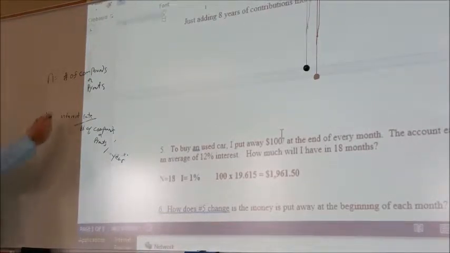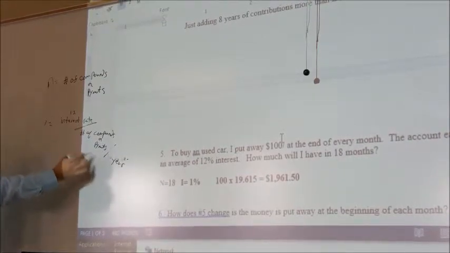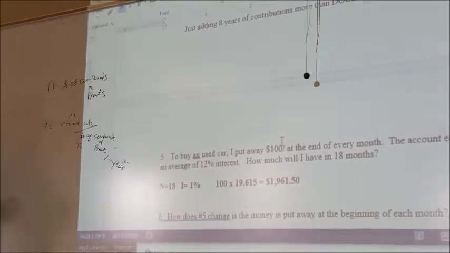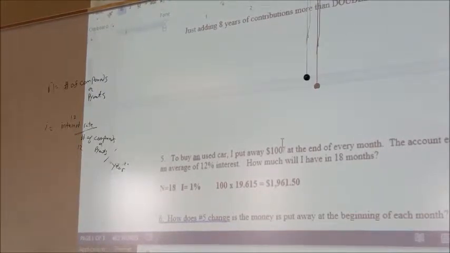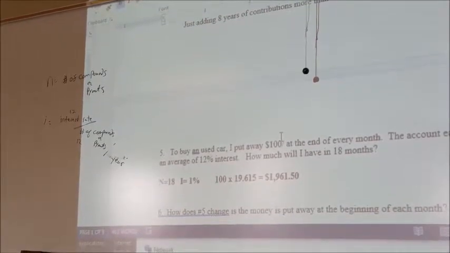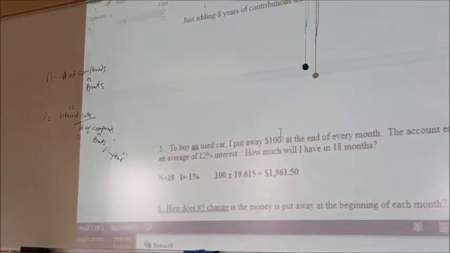So if my interest rate is 12 and I have a compound every month, that means 12 per year, my interest rate is going to be 1. 12 over 12.